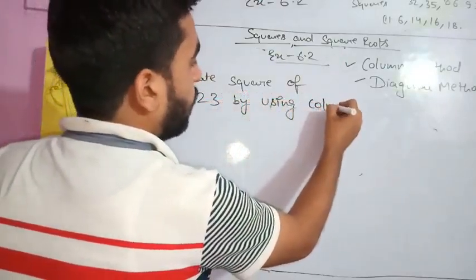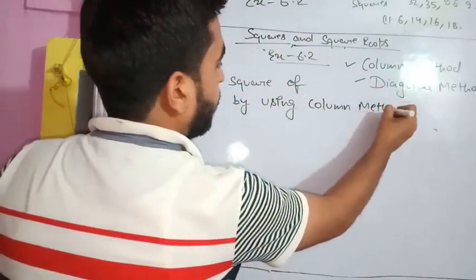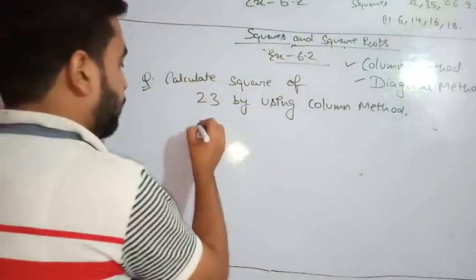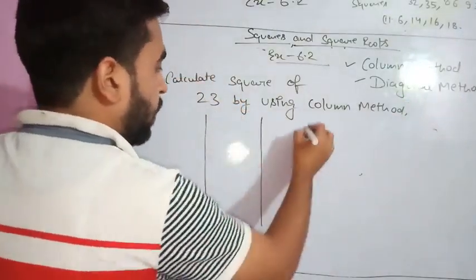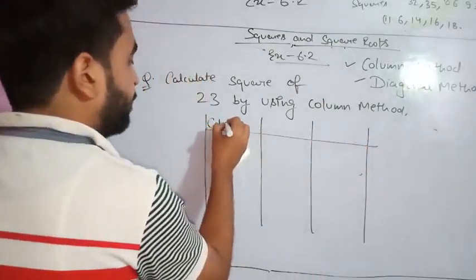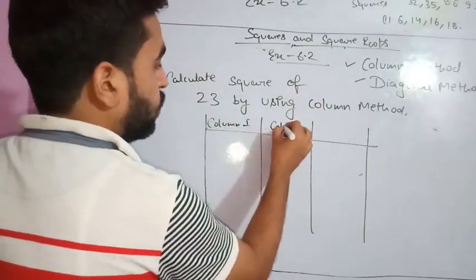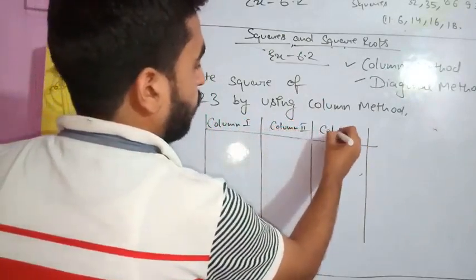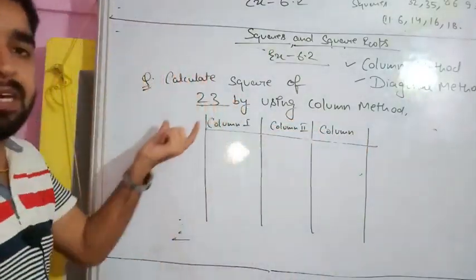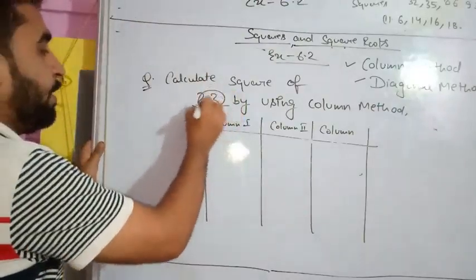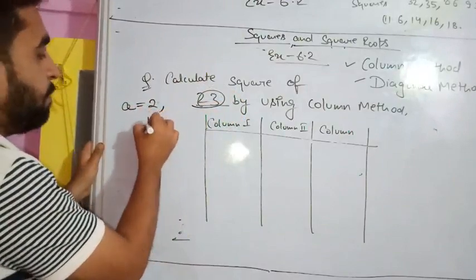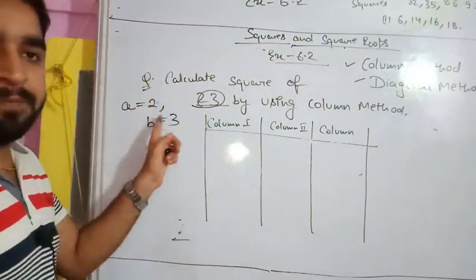Firstly we will create 3 columns: column 1, 2 and 3. The number which is given to us, we will break into two numbers, this 23. One number you can assume as A, which is 2, and another as B, which is 3.